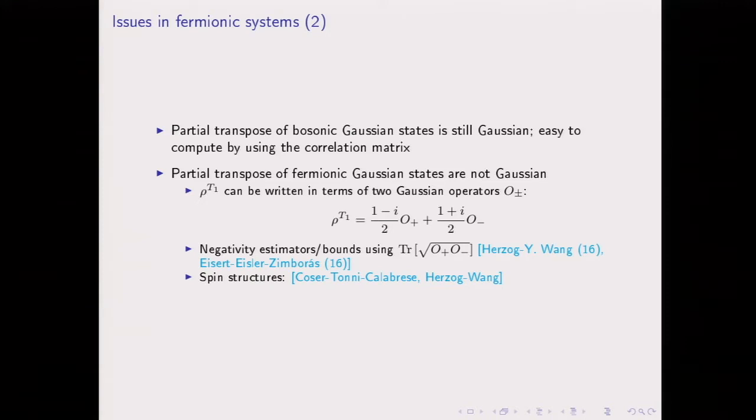Whereas if I once again adopt the bosonic definition of partial transpose, even if you start from a fermionic Gaussian state, the state will not stay Gaussian after you take a partial transpose. After you take a partial transpose, you get the fermion number parity odd and fermion number parity even parts.